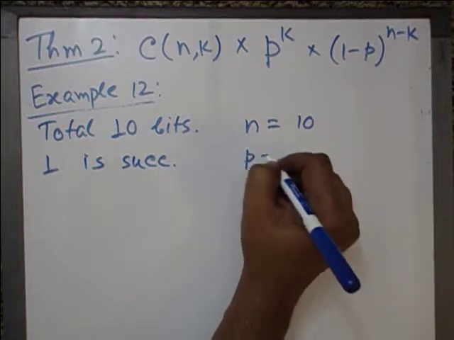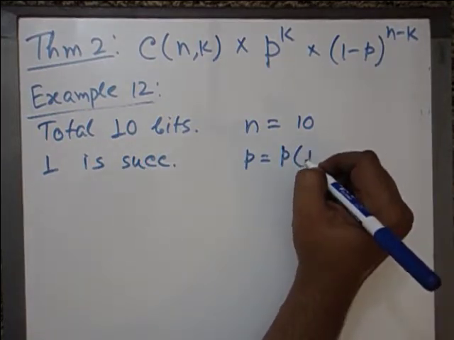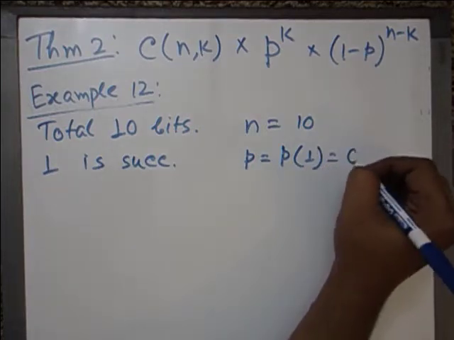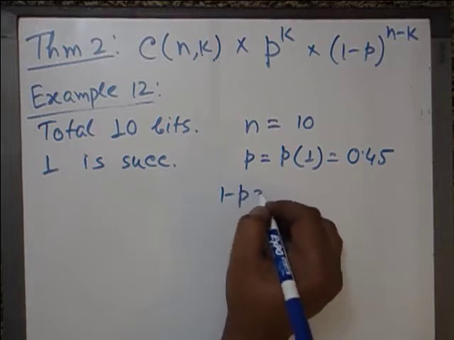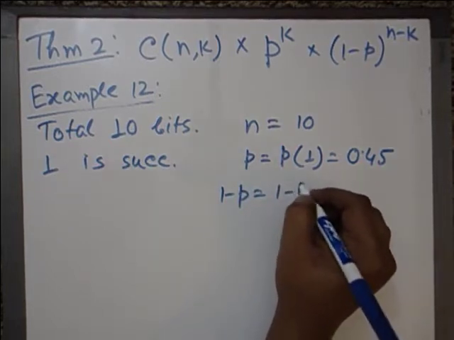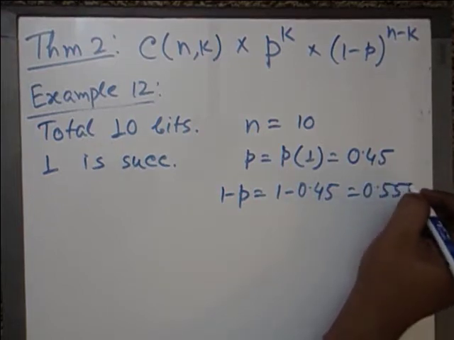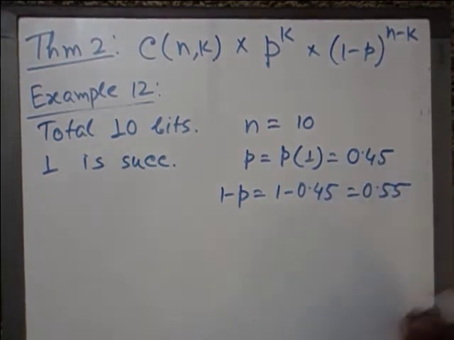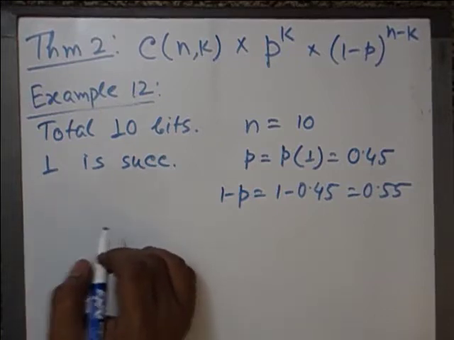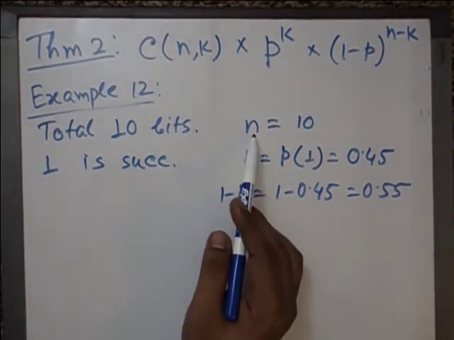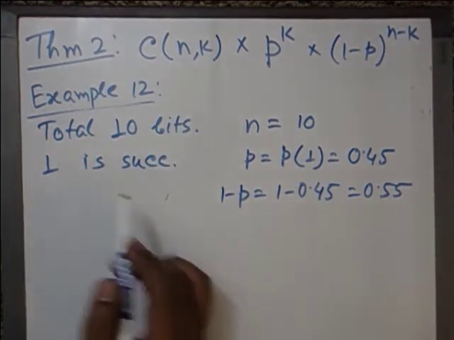So p equals the probability of generating 1, which is 0.45, and 1 minus p is 1 minus 0.45, which is 0.55. And k will depend on the problem itself. So we have n and p, and we just need to know the value of k for each part.